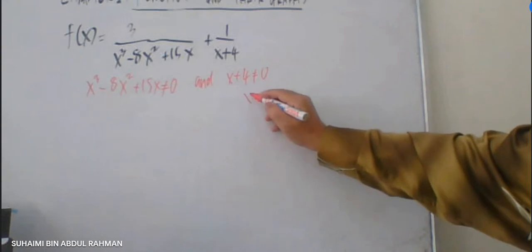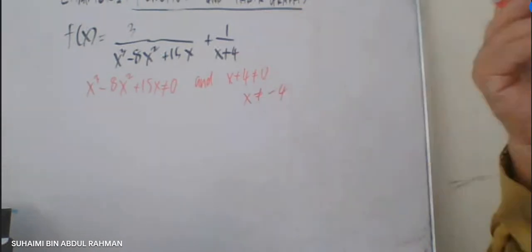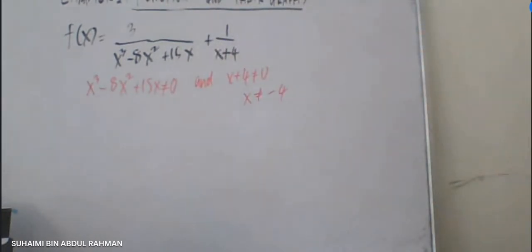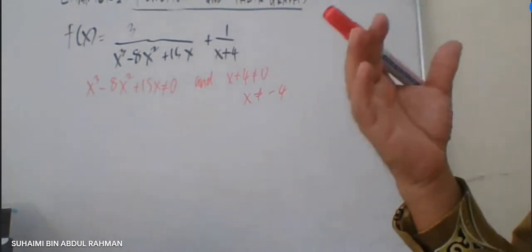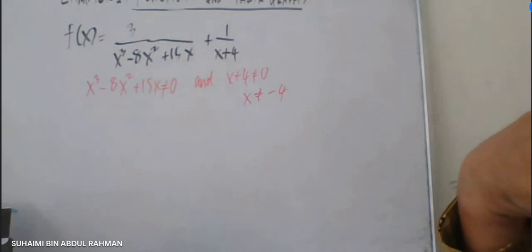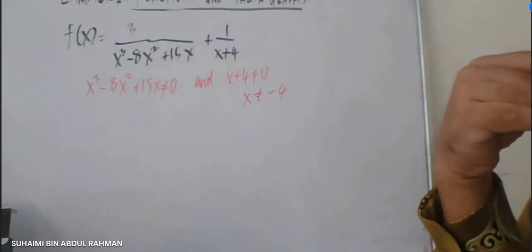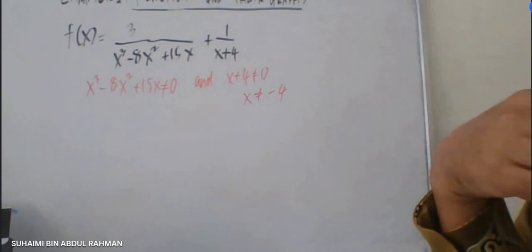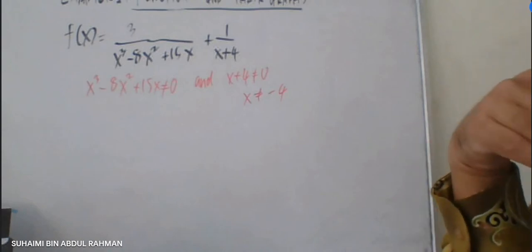From here, we get x is not equal to minus 4. But how to get x cubed minus 8x squared plus 15x not equal to 0? What do we have to do in order to make sure that it is not equal to 0?